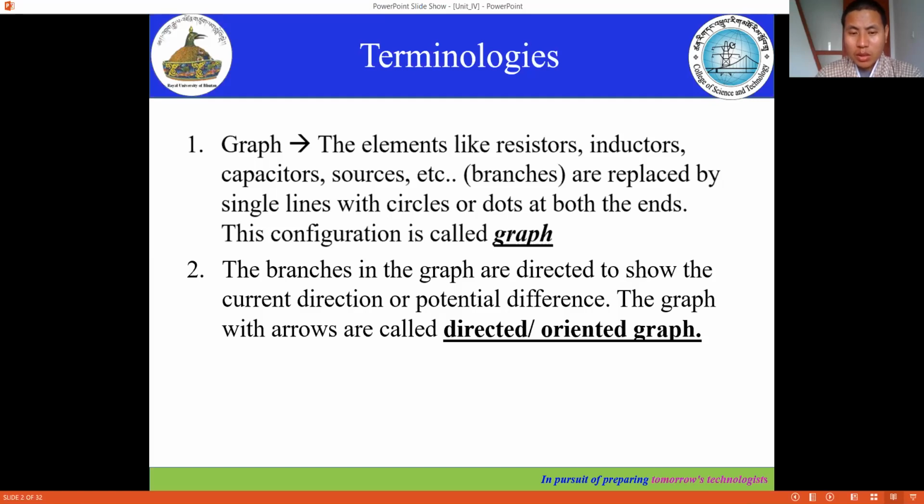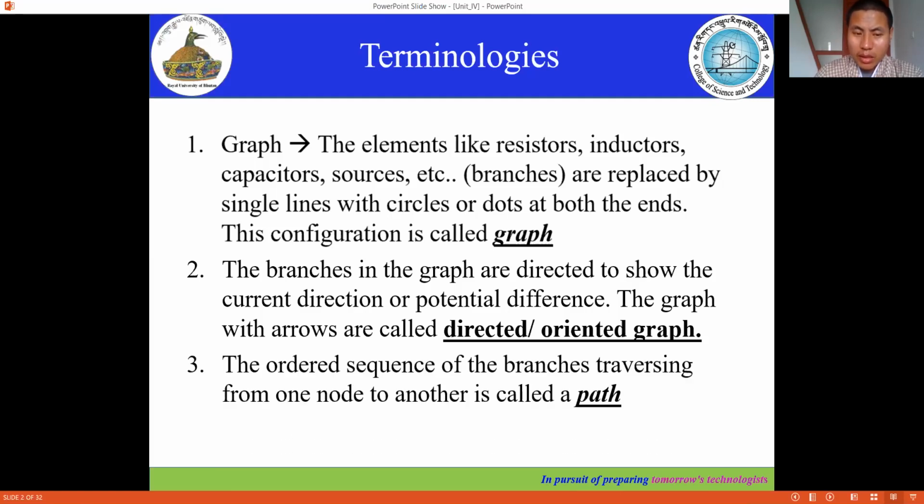When we replace the resistor and the voltage source with two single lines, connected with the dots, if the single line has an arrow or direction shown, then we call it an oriented graph, or a directed graph. And if that graph is without direction, then we call it an undirected or unoriented graph, which means it doesn't have any direction.